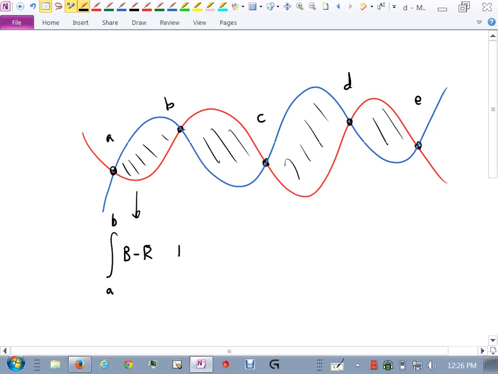Then the next one would be plus the integral from B to C, this time red minus the blue. Make sense? And you'd have to add all those up. The hardest part of that problem would be finding the points of intersection, because that would be fifth or sixth degree polynomials set equal to each other. That's not going to happen. That would be the hard part.